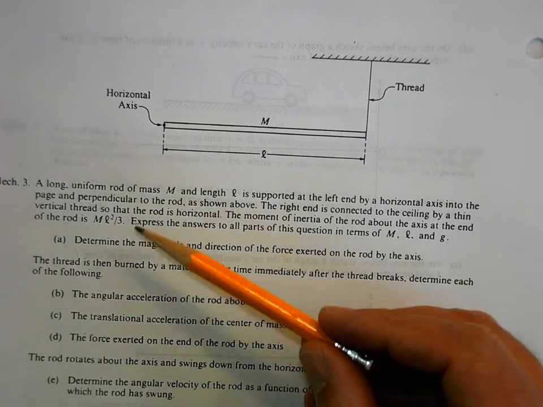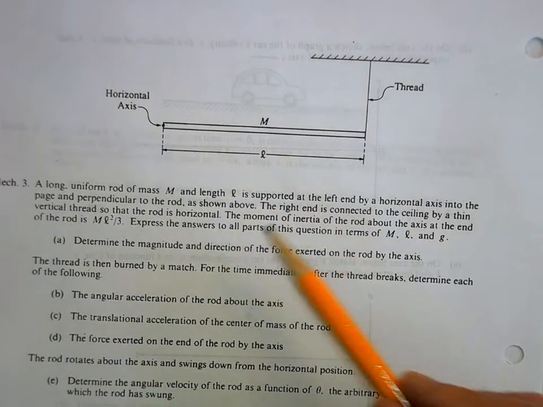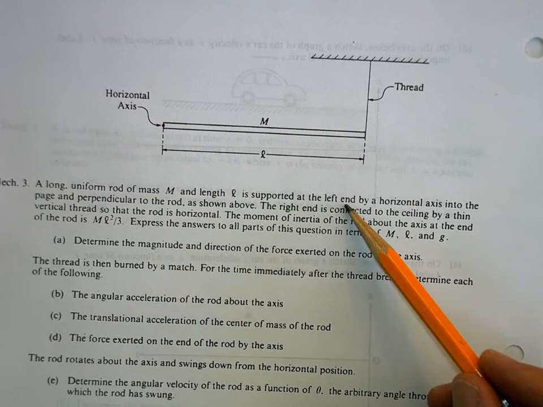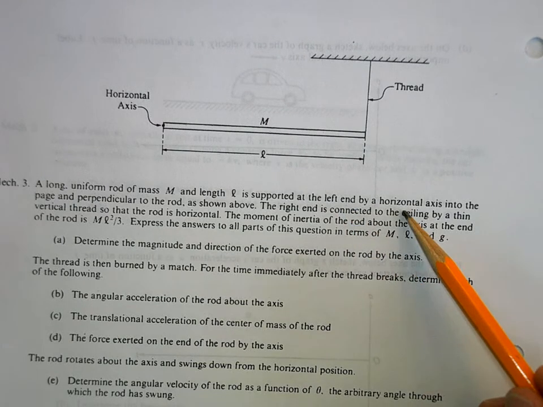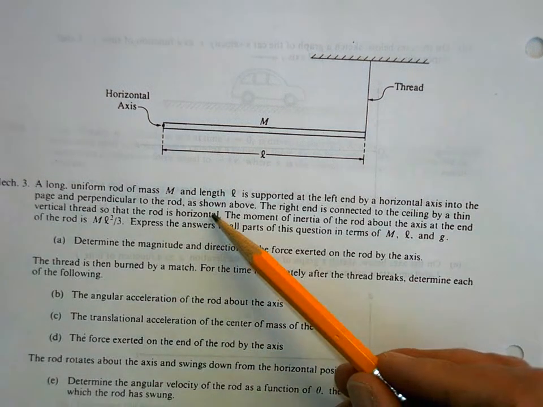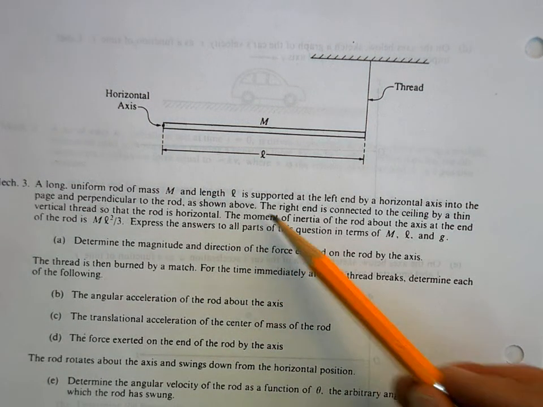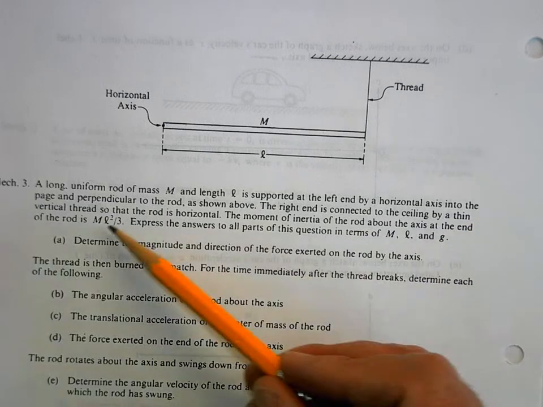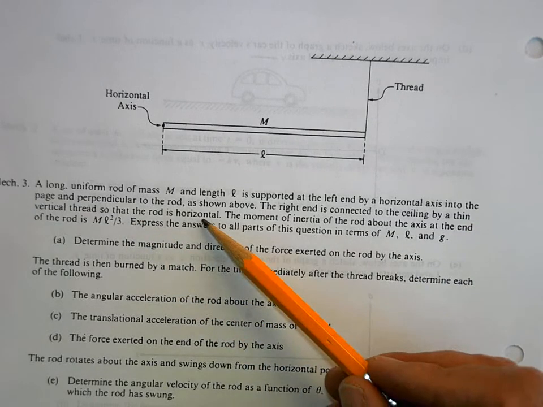It says a long uniform rod of mass M and length L is supported at the left by a horizontal axis into the page and perpendicular to the rod, as shown. The right end is connected to the ceiling by a thin vertical thread so that the rod is horizontal.